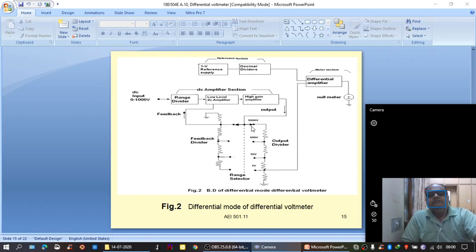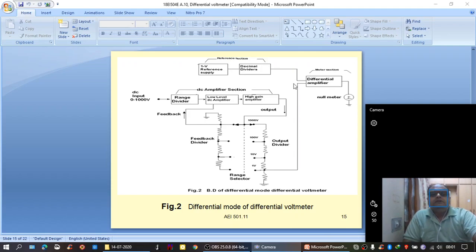So, depending upon the range of the reference voltage used here, because we do not know what exactly is the unknown voltage, we have to change this range selector switch either down or up, and a fraction of that reference voltage is taken and fed back to this differential amplifier, or we say the basic differential voltmeter circuit.